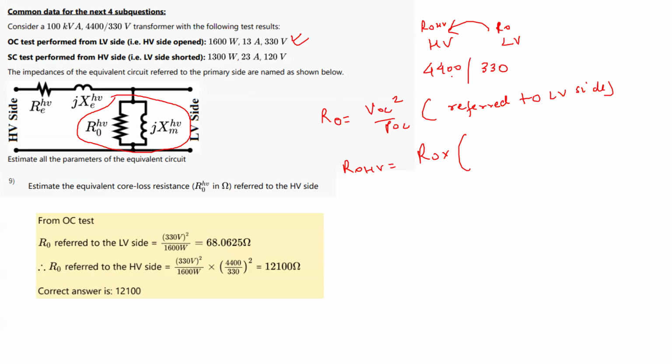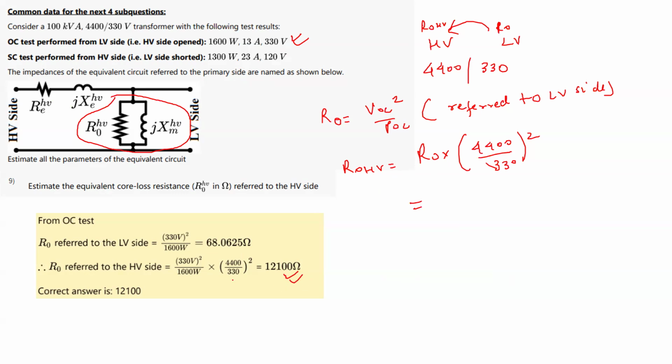What we have to do is multiply it by this. Okay. You can see it in the previous class discussions. I have discussed how this ratio comes out. Okay. So if you do that, you can get the value referred to the high voltage side. Okay. So they have also done it in a similar way. You can also do it like that.